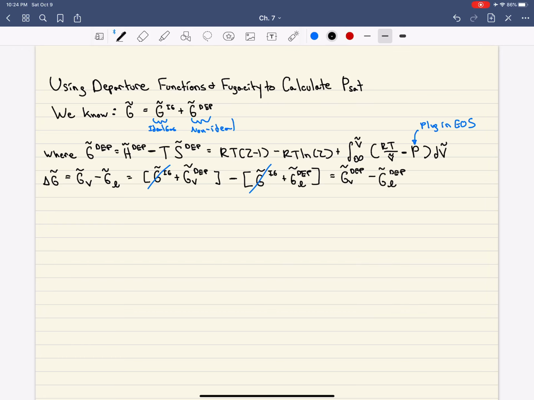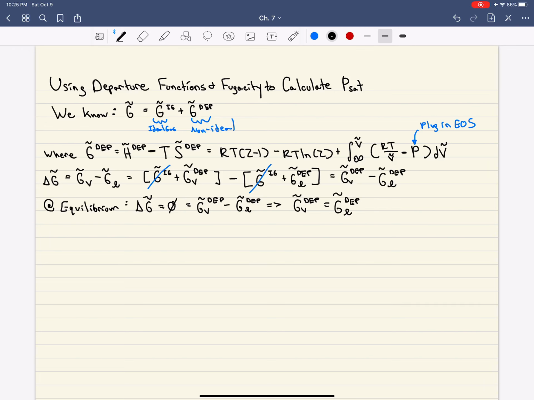And if we apply our equilibrium criteria, we know that delta G at equilibrium is equal to 0. And if delta G is just equal to GV departure minus GL departure, that means that at equilibrium, the departure function for the vapor phase is equal to the departure function for the liquid phase.